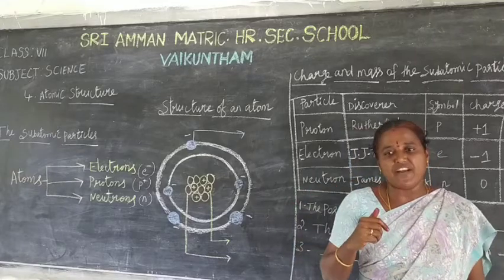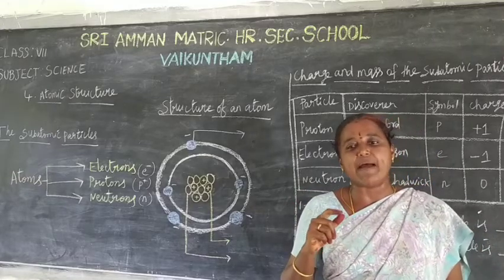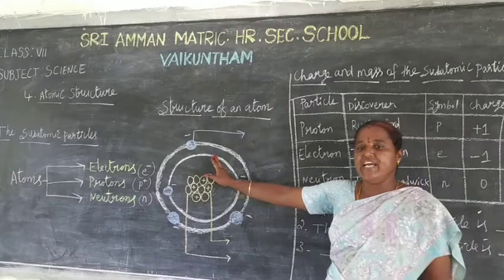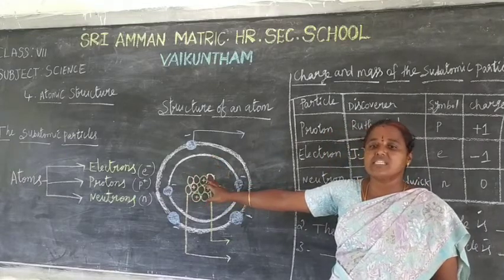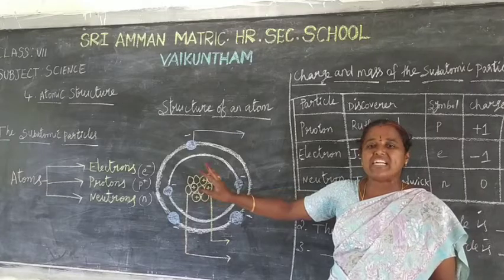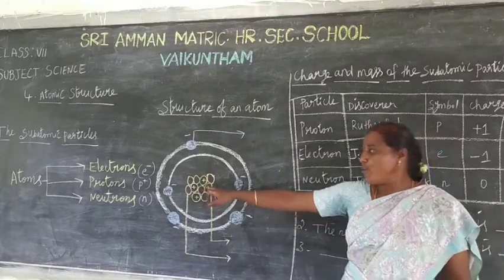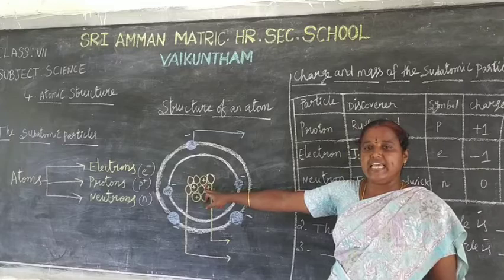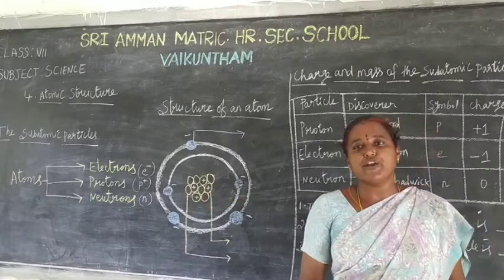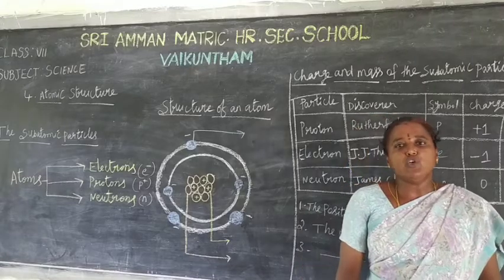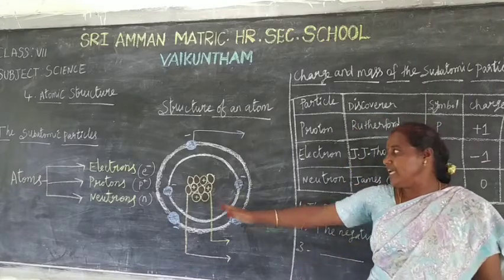Hence, the mass of an atom depends on the number of protons and neutrons in the nucleus. Next, protons and neutrons are the two types of particles in the nucleus.